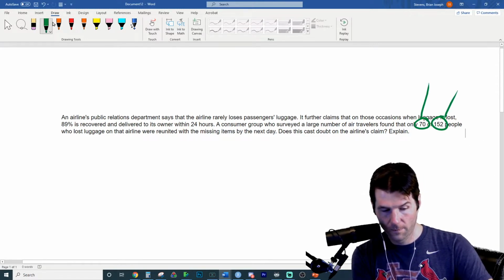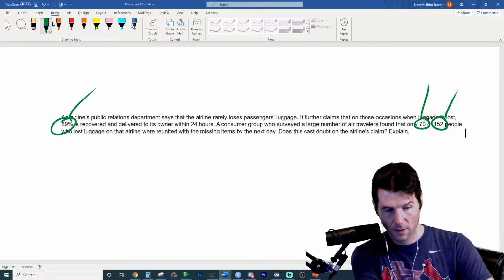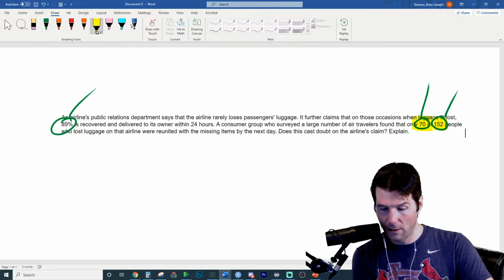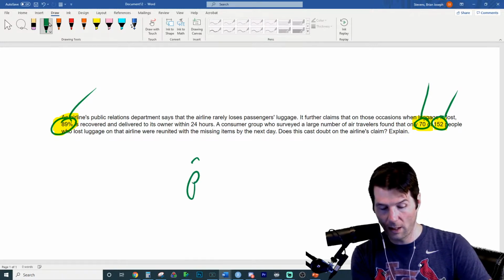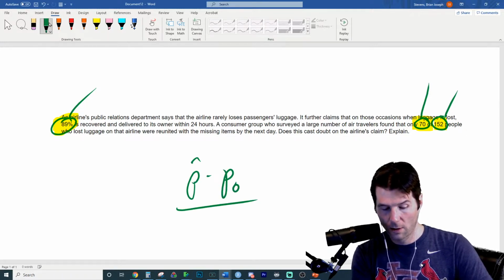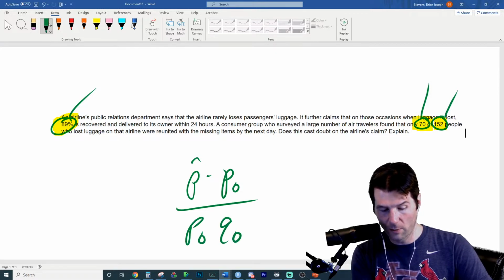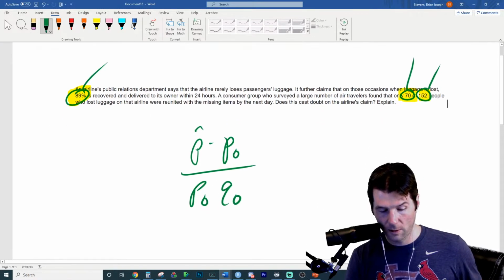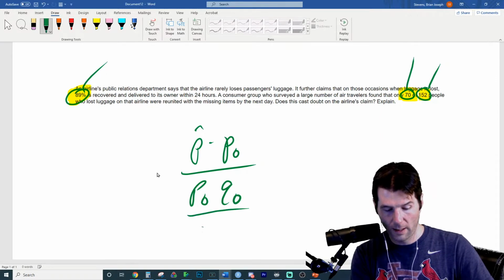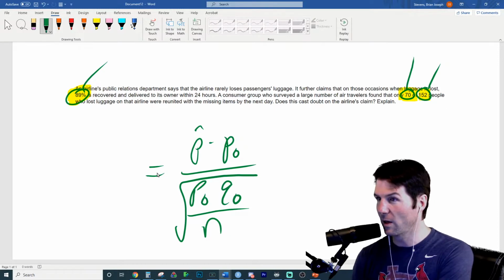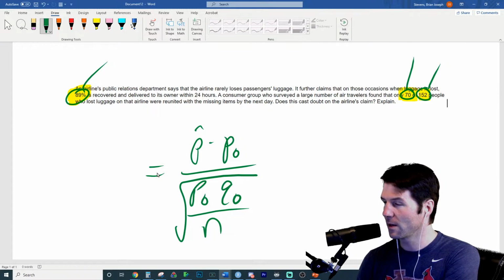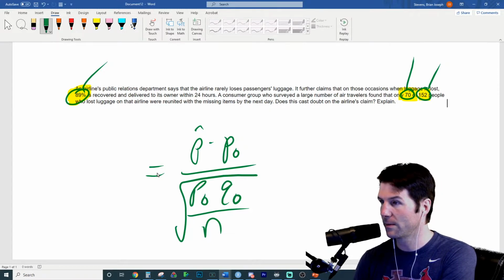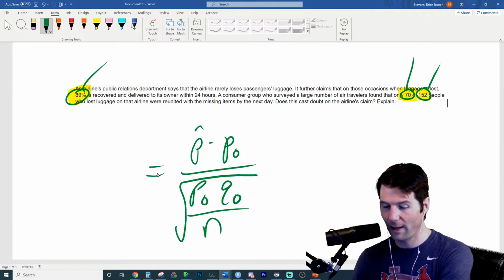What is the notation? z equals p hat minus p naught over the square root of p naught q naught over n, because we're doing the one proportion. And so there we go. So what is the notation? What do we have up here? Notation-wise, what do we have? Any bit of the notation.